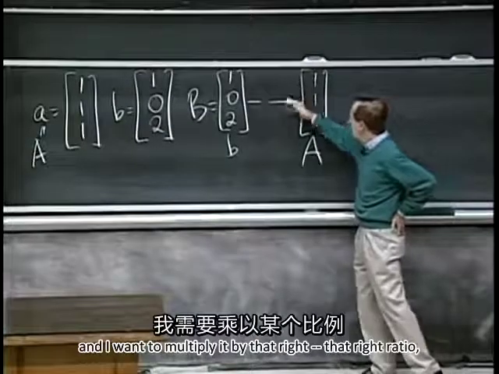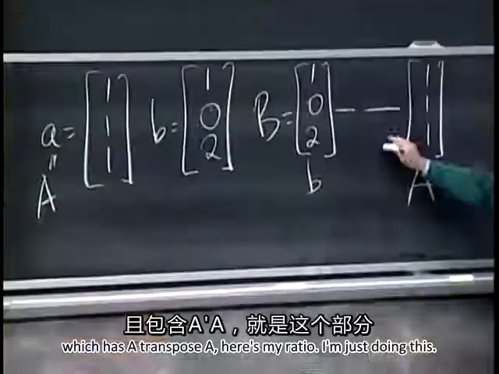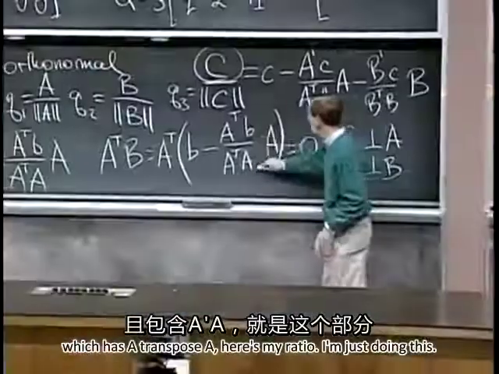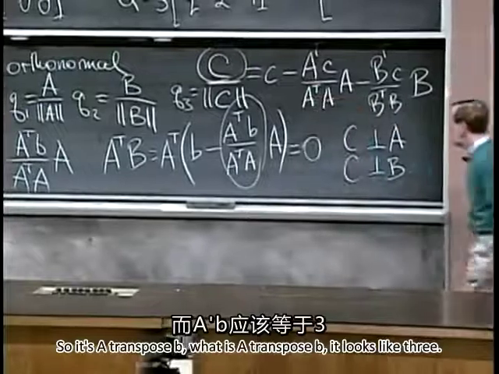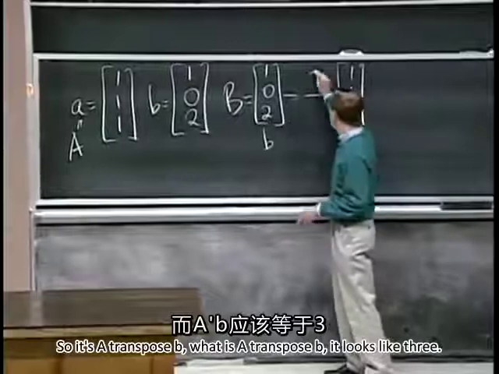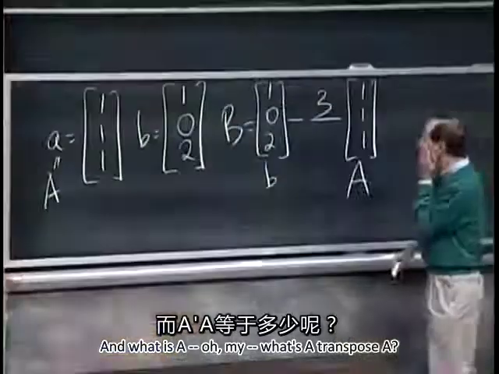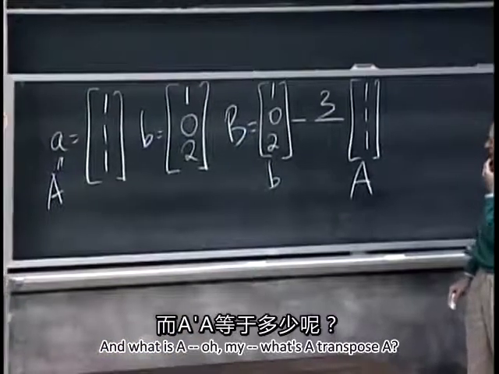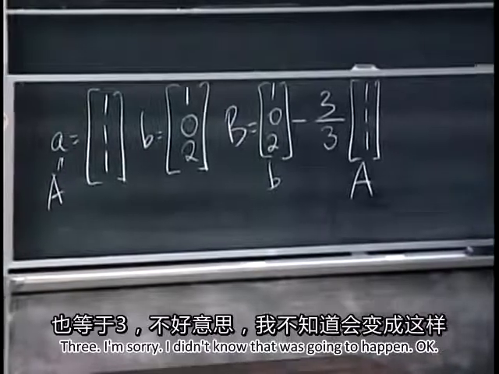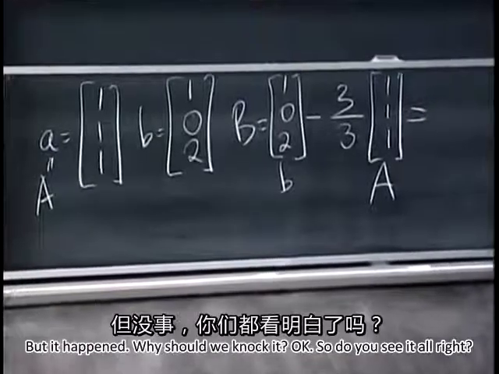And I want to multiply it by the right ratio, which has A transpose A. Here's my ratio. So it's A transpose B. What is A transpose B? It looks like 3. And what's A transpose A? 3. I'm sorry. I didn't know that was going to happen. Okay, but it happened.